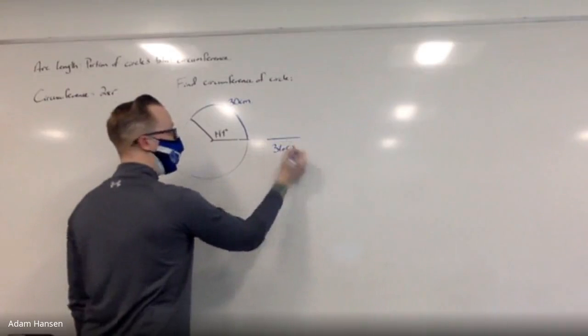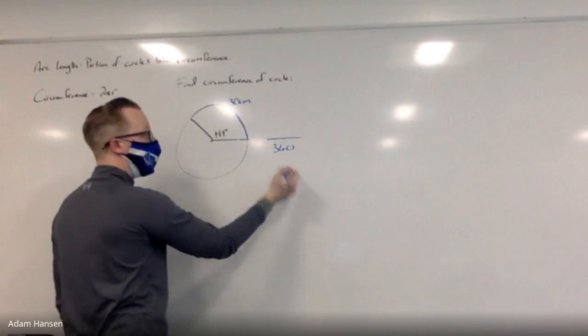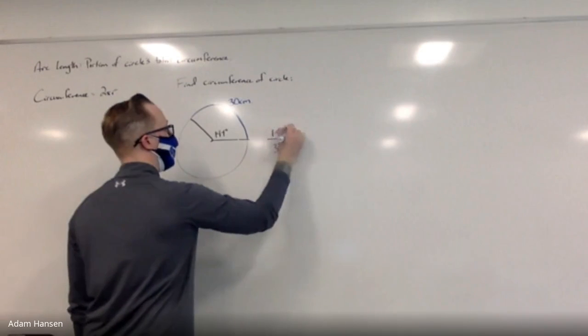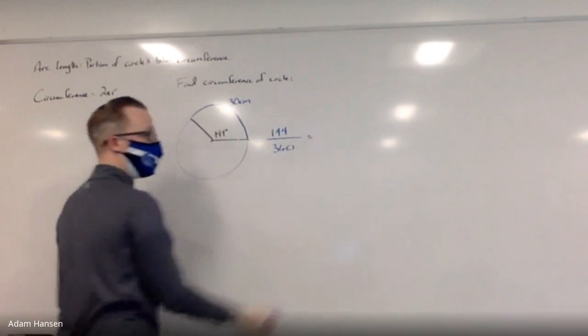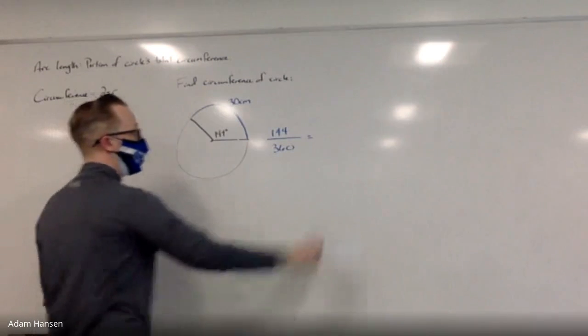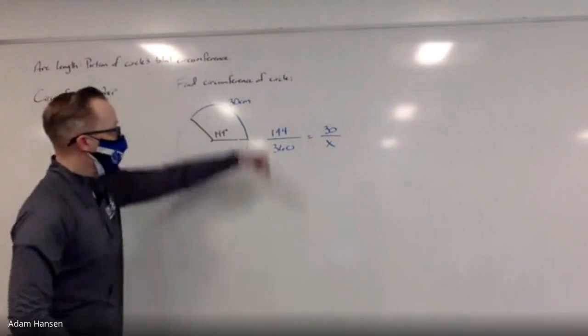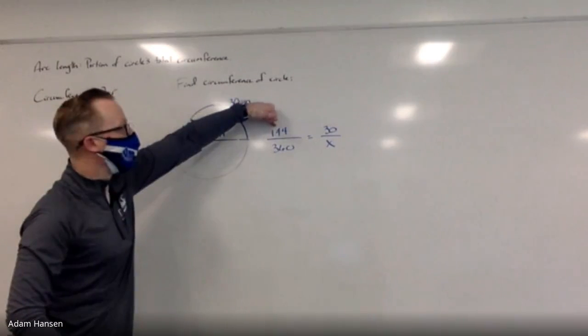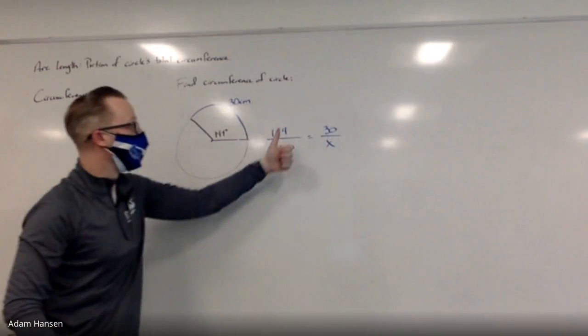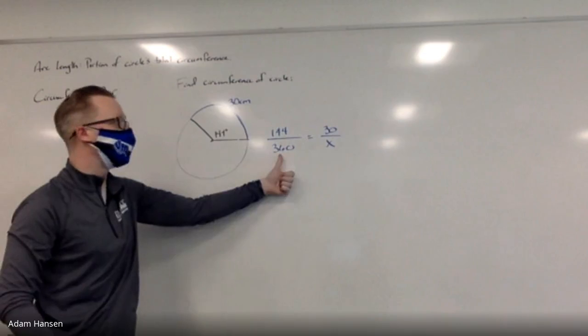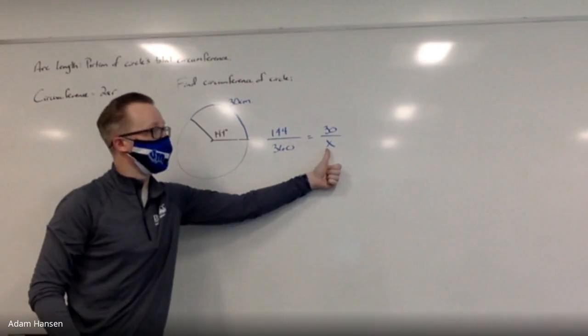How many degrees does my arc have? Is equal to 30 over. Yeah, 30 over. You bet. An arc whose measure of 144 degrees has a length of 30. So what would the full circle given by 360 degrees have for its circumference?